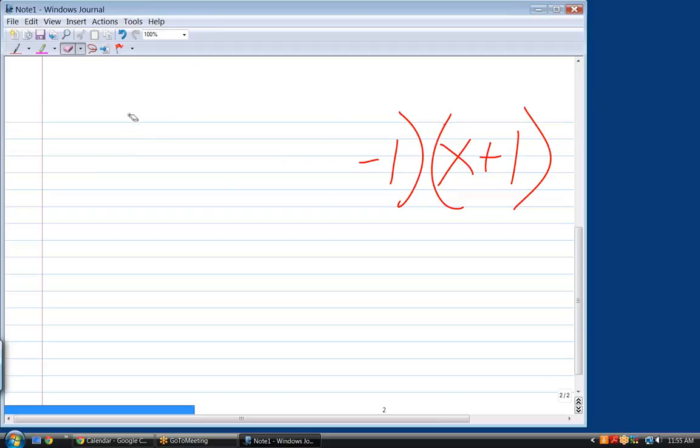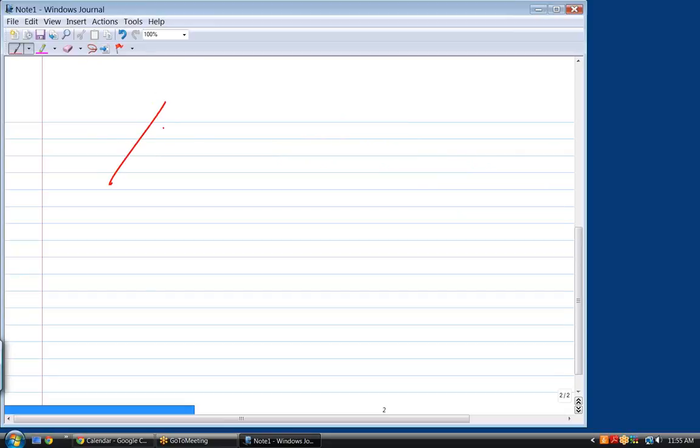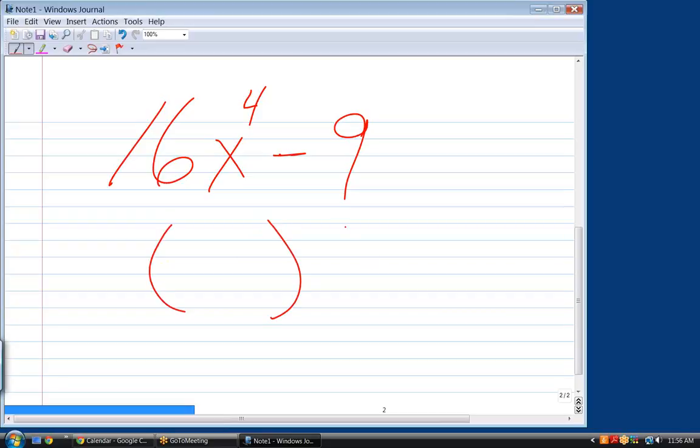Cool. I'm saying cool because we've covered all the factoring you're going to need to know for a while. Let's do another one. Now, you may not actually see anything this hard, but you should be able to figure this one out.